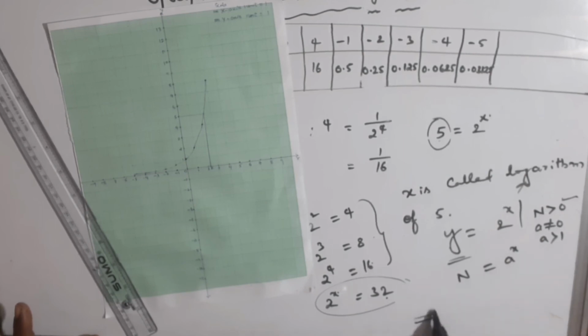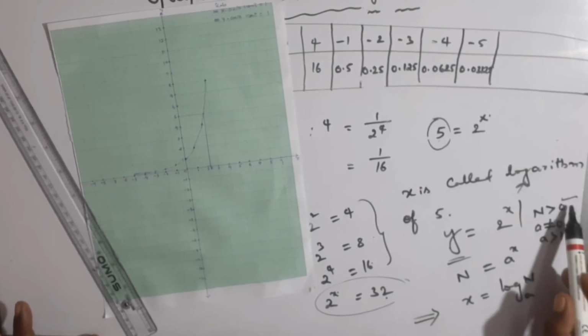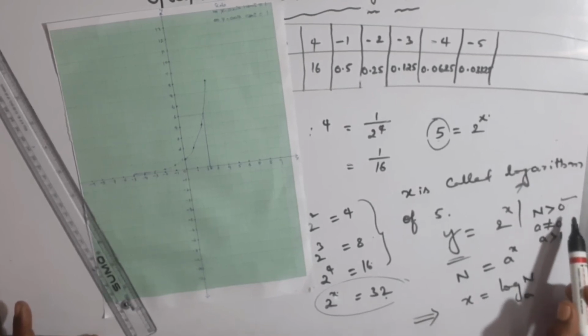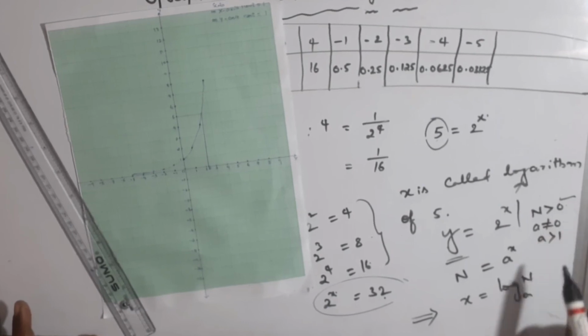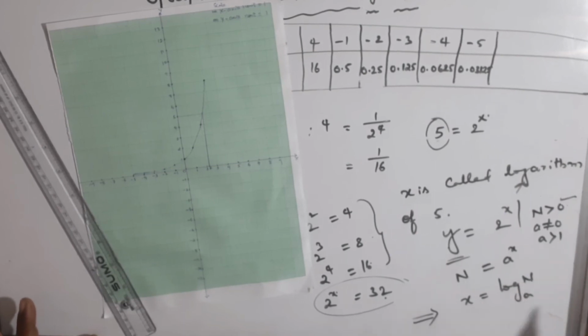So let me apply the logarithm. x equals log of n to the base a. Strictly here n is greater than 0. N should not be less than 0, meaning for negative values it is not defined.